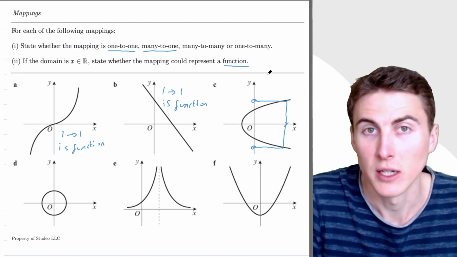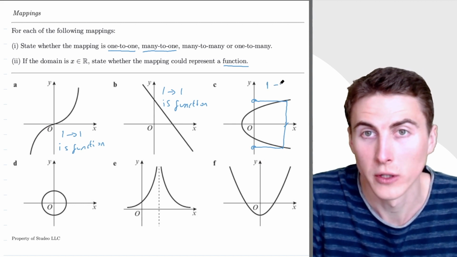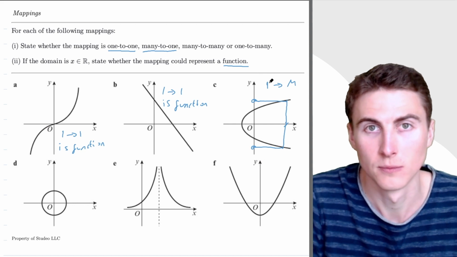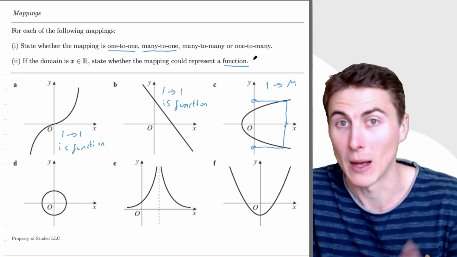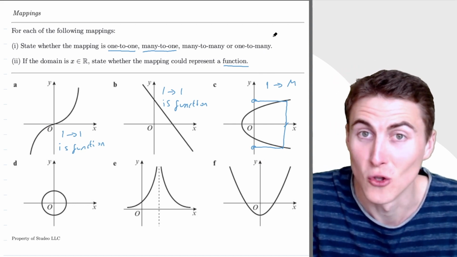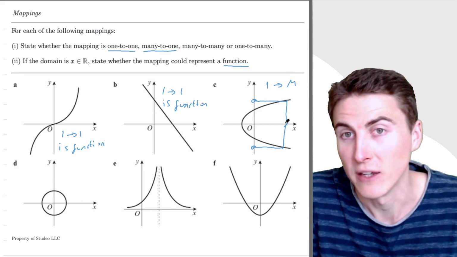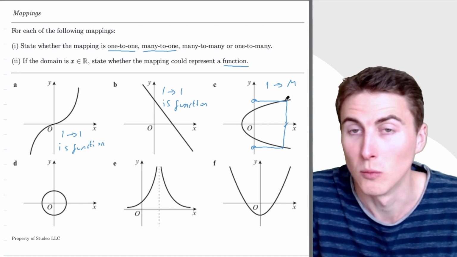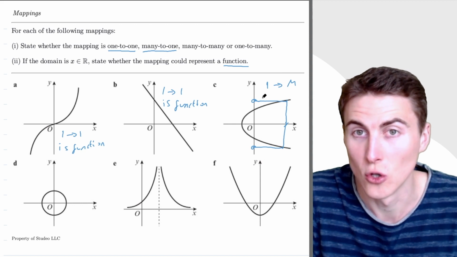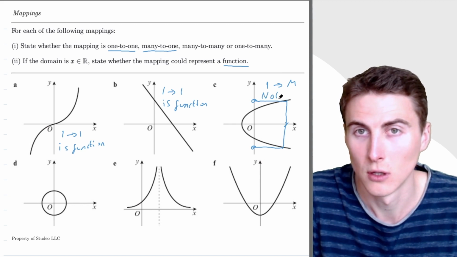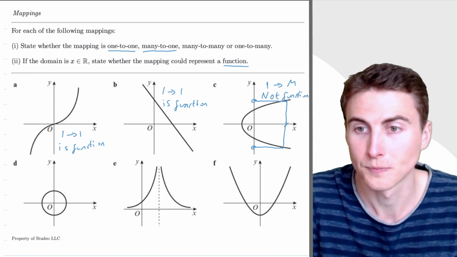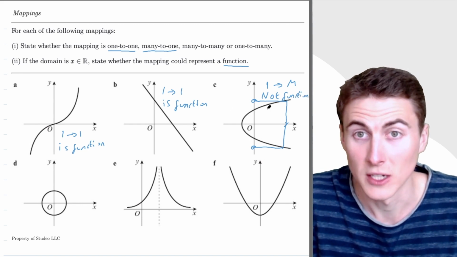So this one is called a one-to-many function. Sorry, a one-to-many mapping. Unfortunately, this one's not a function. If each x value corresponds to more than one y, it is not a function. That's the important point. Okay, so that's those three.